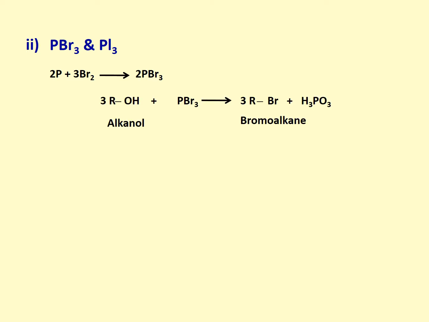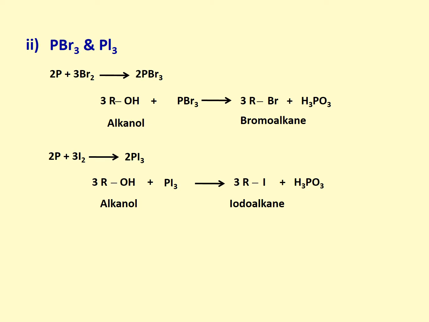Phosphorus tribromide and phosphorus triiodide are usually generated in situ by the action of red phosphorus on bromine and iodine respectively. A similar reaction can be written for iodoalkane.